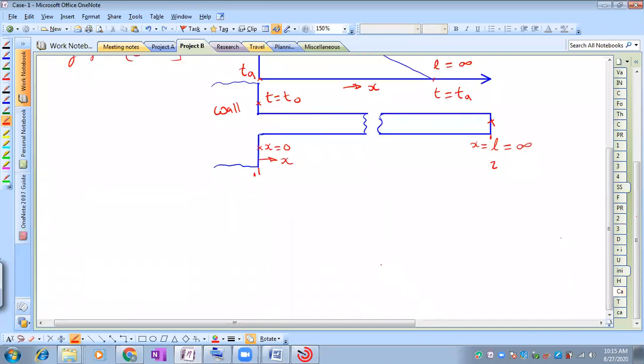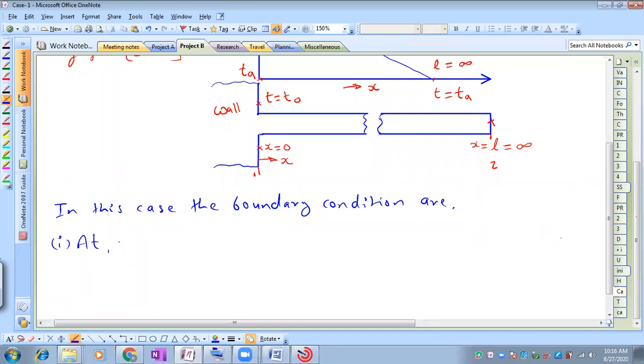So the boundary conditions in this case are, number one, at x is equal to 0, I can straight away write T is equal to T0.